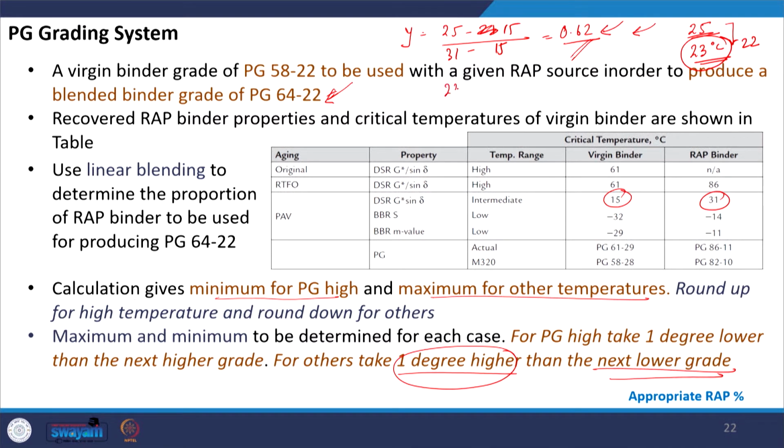So, we will do the calculation as 23 minus 15 divided by 31 minus 15, and if you do this calculation, you will get the minimum percentage corresponding to intermediate grade. But it is not very important for us to determine the minimum percentage corresponding to the intermediate grade here.